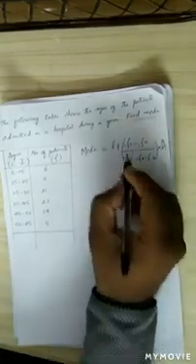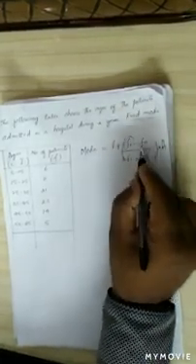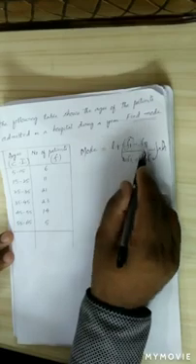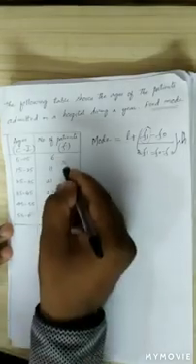I'll tell you something: if you find the value of F1, then the rest becomes very easy and simple. So first I'm going to find F1. F1, F0 and F2 are frequencies, and we can find them in the frequency column. To find F1, we have to see which is the highest frequency in the given frequency column.